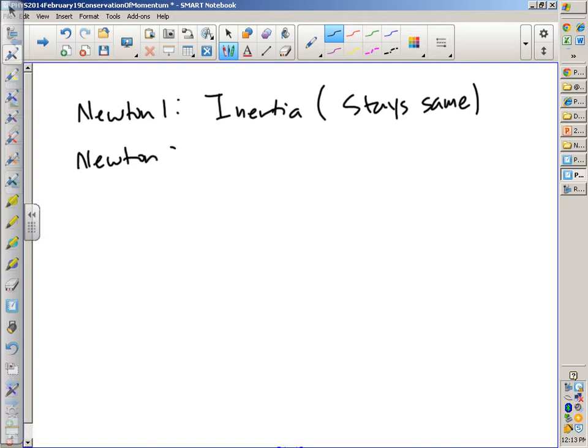On the other hand, Newton's second law deals with what? If Newton's first law deals with things staying the same, Newton's second law talks about things changing. And net force and mass both affect what? The acceleration. So Newton's first law deals with inertia.